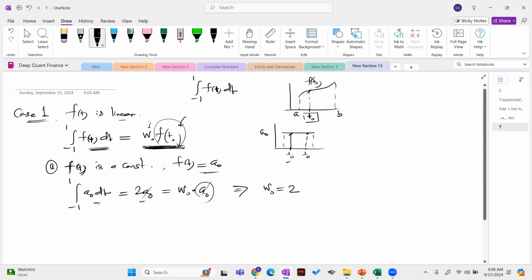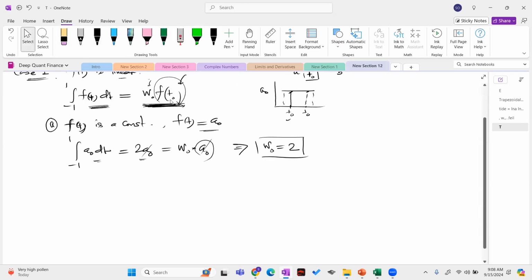W0 is equal to 2. That's a nice result. So my weight must be 2. That is what I just derived. I've still not figured out where do I place T0. In a constant case, it does not matter, you can sample at any point and get the value of the function, which is nothing but a0, multiply 2, you are done.